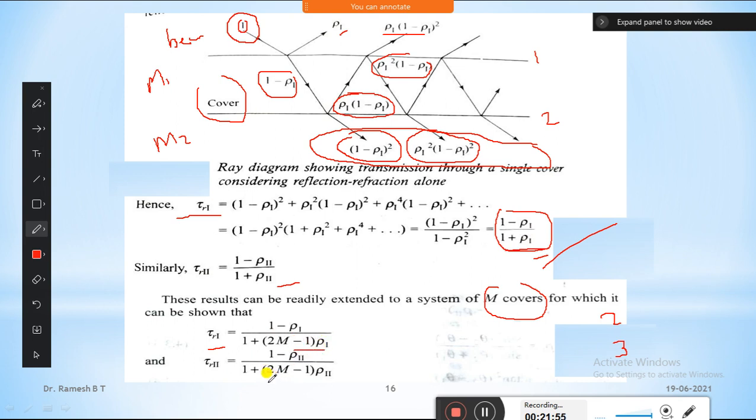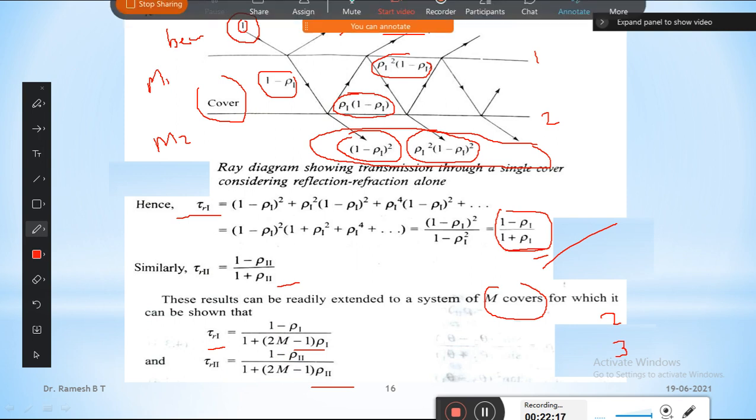And similarly here the same thing, (2m minus 1) rho 2, the same equation, but here we introduce the m value, where m is the number of covers. So that quantity 2m minus 1 we introduce in tau r1 as well as tau r2. Is it clear?